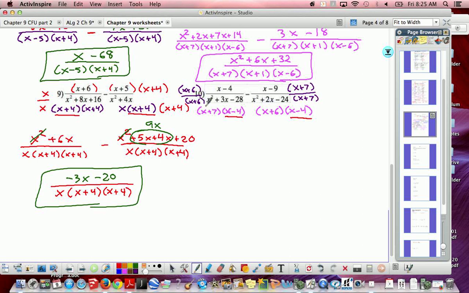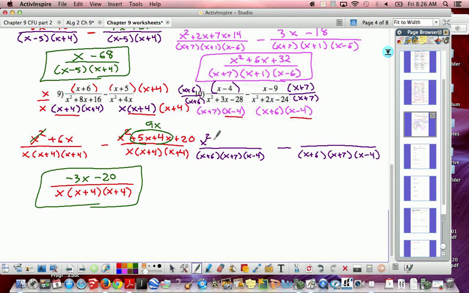So my common denominator will be x plus 6, x plus 7, x minus 4. Subtract. Same thing here, x plus 6, x plus 7, x minus 4. Again, I can write these in any order because multiplication, 2 times 3 times 4, is the same as 4 times 3 times 2. So now, distribute, or in this case, FOIL, and then we'll simplify.